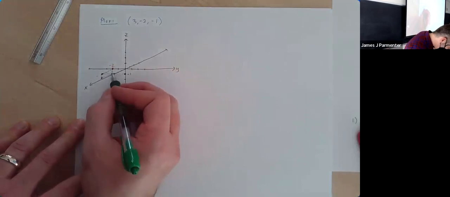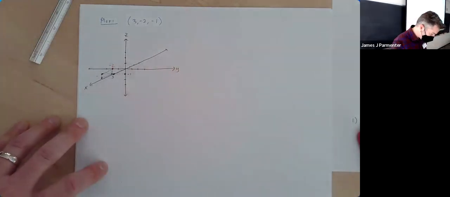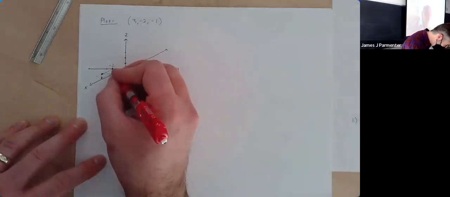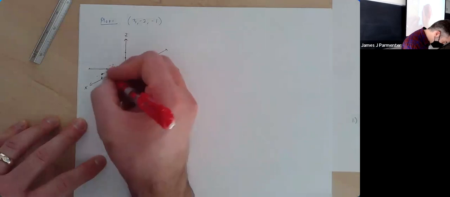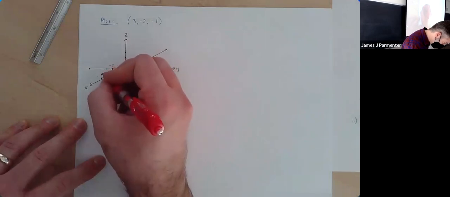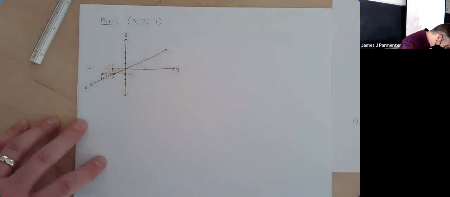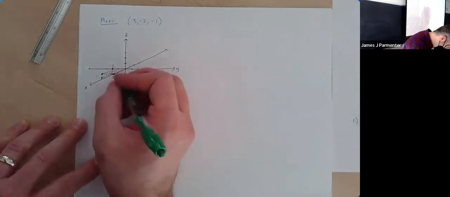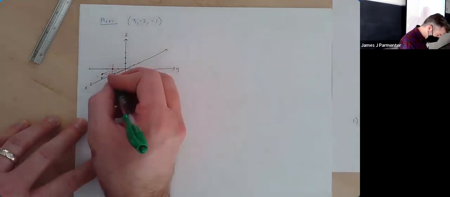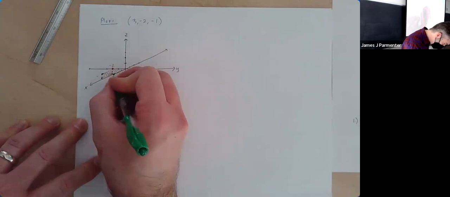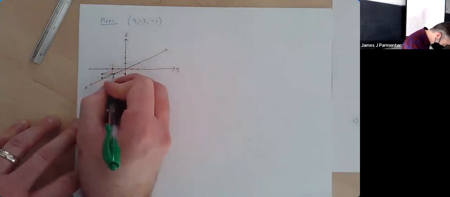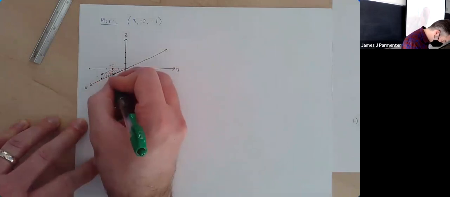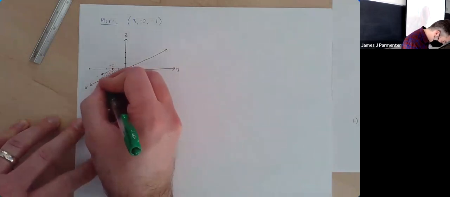Okay, so I've got the back. Let's do this. I've got the back face of my little rectangle over here. I've got the side face of my little rectangle over here. And I don't quite have it, but if from 3, I go down 1 and then left 2, we can see the front face of the little rectangular box over here.